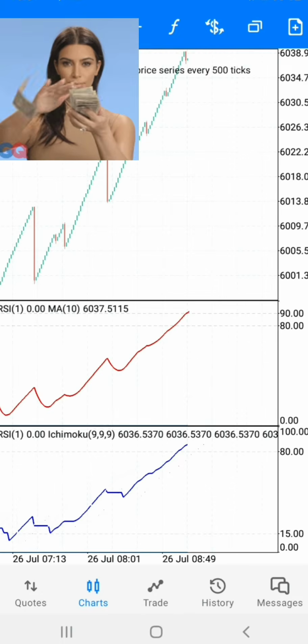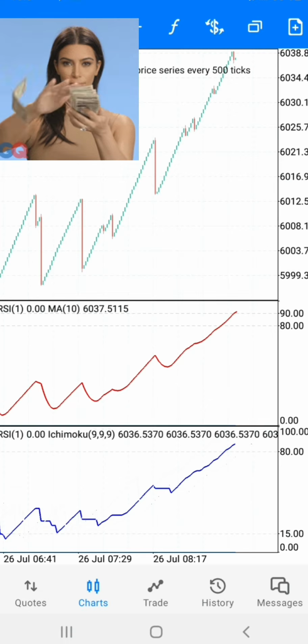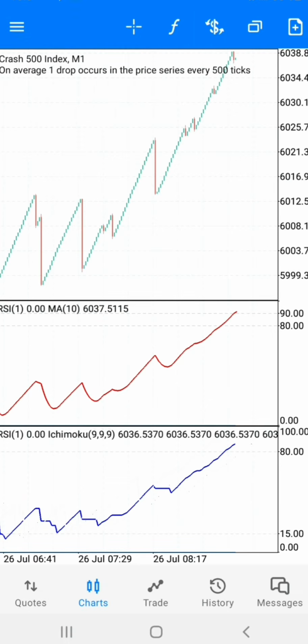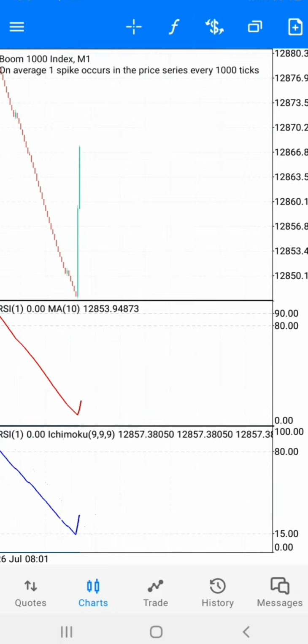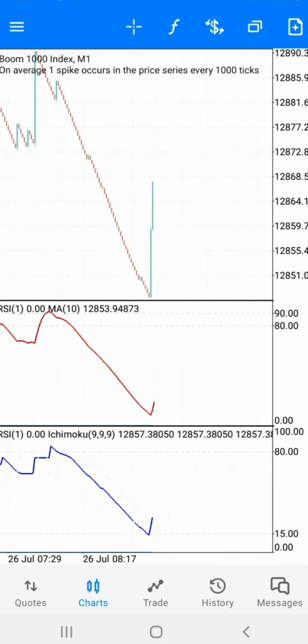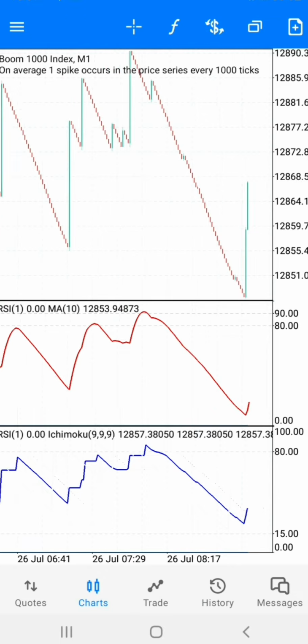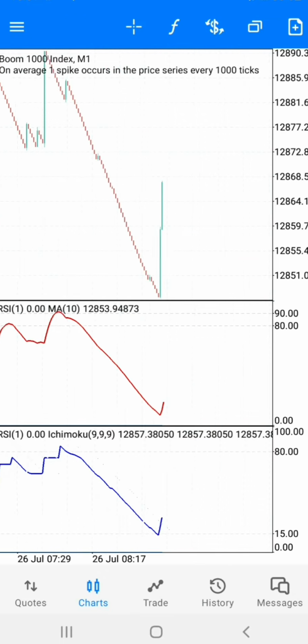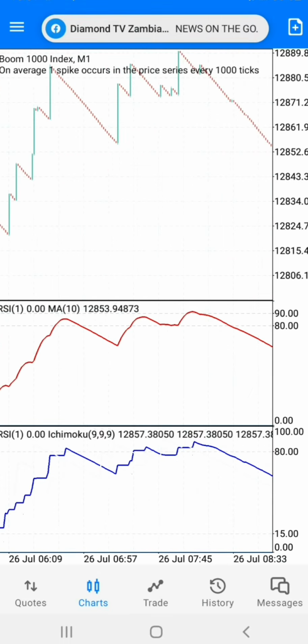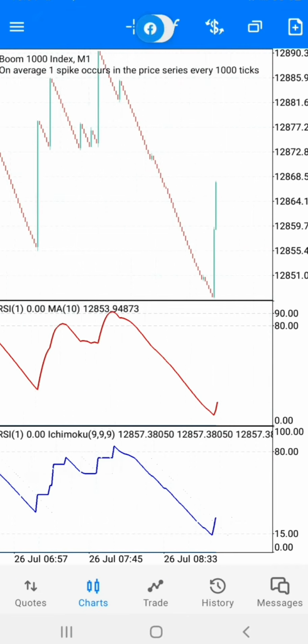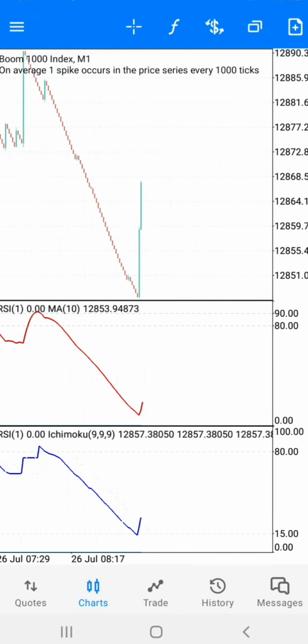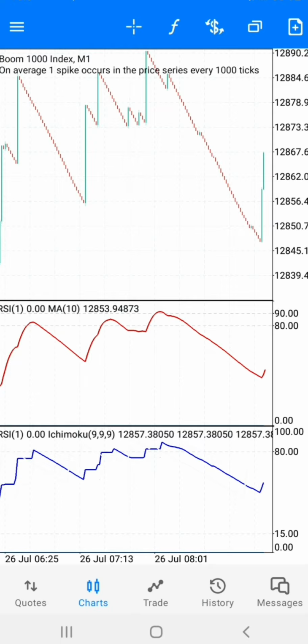Now, with that being said, ladies and gentlemen, we have a little challenge among me and a few other Forex traders, where we basically withdrew money from our accounts, and then we only remained with $10 each in the account. The challenge is to grow $10 to $100 within 24 hours, depending on whatever you trade.